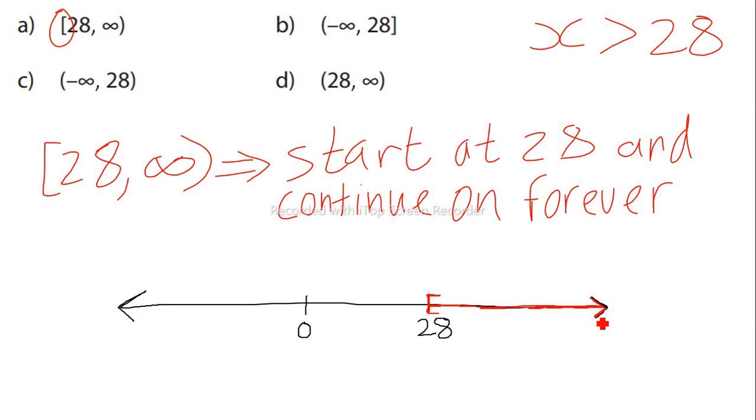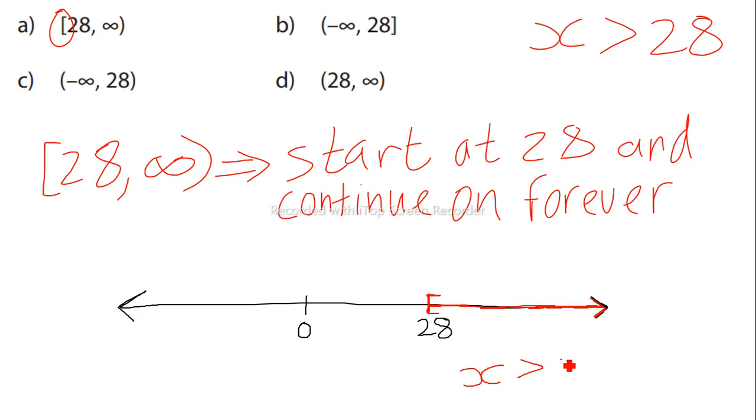So with that idea, what would the associated inequality be? Let's consider the numbers inside the set. The numbers inside the set are going to be bigger than 28. Take any number inside the set: 29, 30, 40, 2021, a million. All those numbers are going to be bigger than 28. So x is definitely going to be greater than 28.